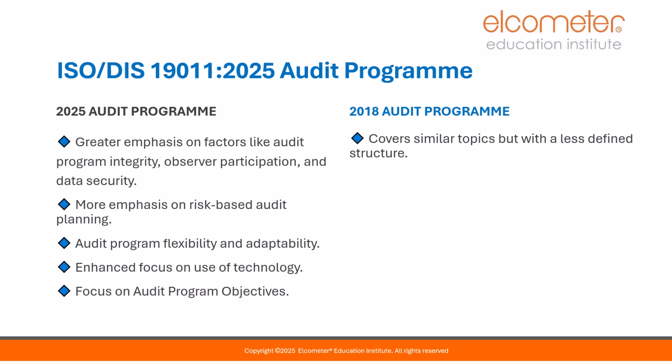3, enhanced use of technology. The new version acknowledges increased reliance on ICT, including remote auditing tools, data analytics, AI-based tools for audit scheduling and analysis. Organizations are encouraged to integrate digital tools into the audit program design, including monitoring. Number 4, focus on the audit program objectives. The new draft requires clear definition of the audit program objectives, which need to be aligned with the organizational goals, compliance requirements, and stakeholder expectations.